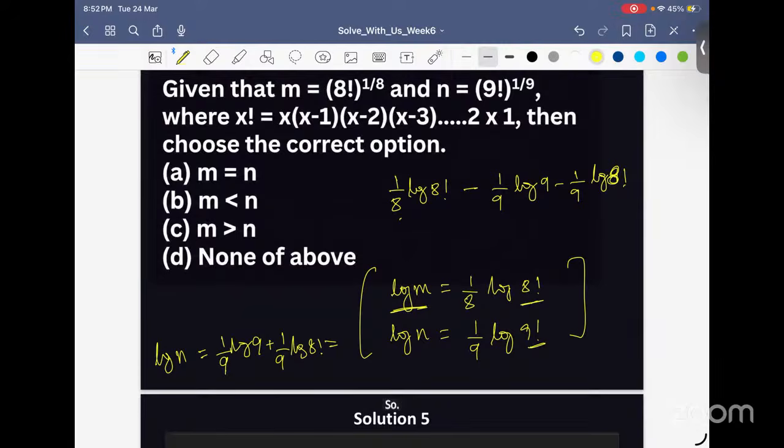So 1 upon 8 minus 1 upon 9, how much? 9 minus 8, 1 upon 72.